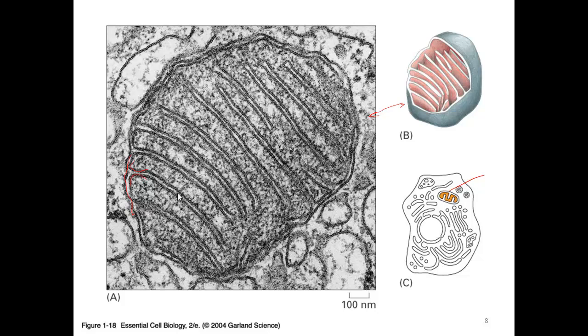The inner mitochondrial membrane will extend all the way almost across the cell, so that the inner membrane space is very small compared to the mitochondrial matrix, which is all the region inside here. This is the area that corresponds to the yellow area.